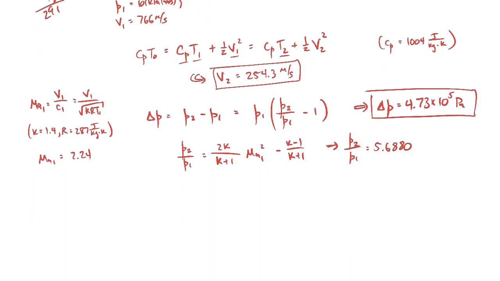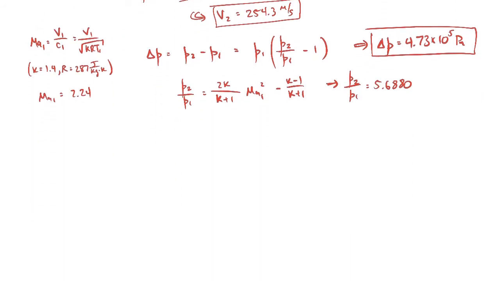To do that, we're going to do the delta P the same way, P1 times P2 over P1 minus 1. So this is going to be our isentropic analysis, where the P2 over P1, since the flow is isentropic, we're going to use the isentropic stagnation pressure ratio. So this will look like the following.